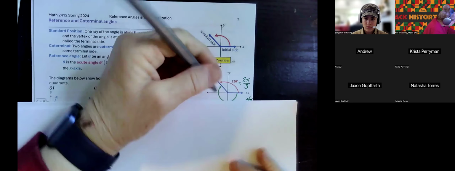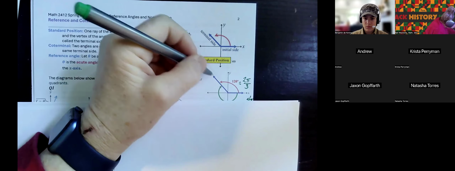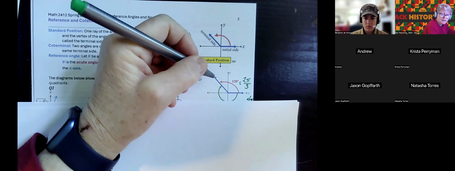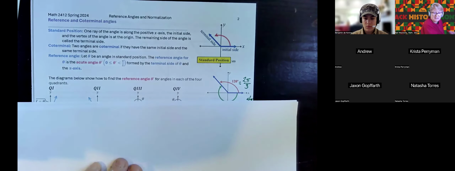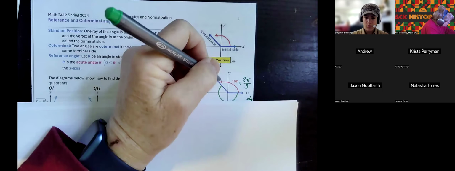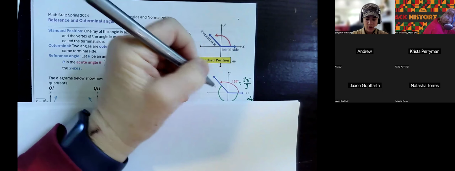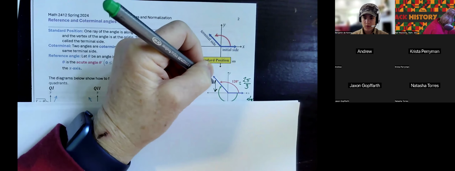What's the closest way to go from this terminal side to an x-axis? Move it down 60 degrees. Perfect.